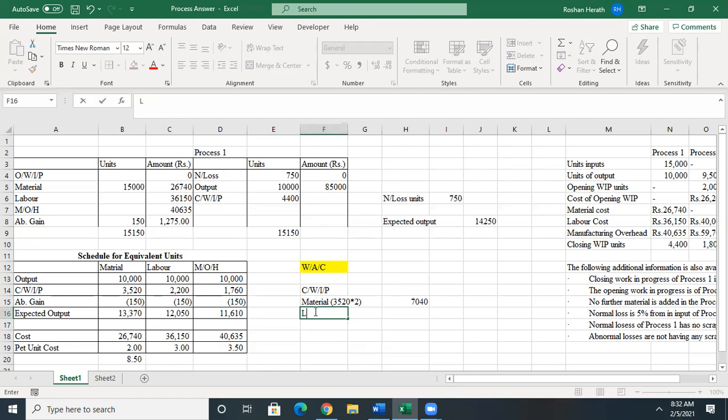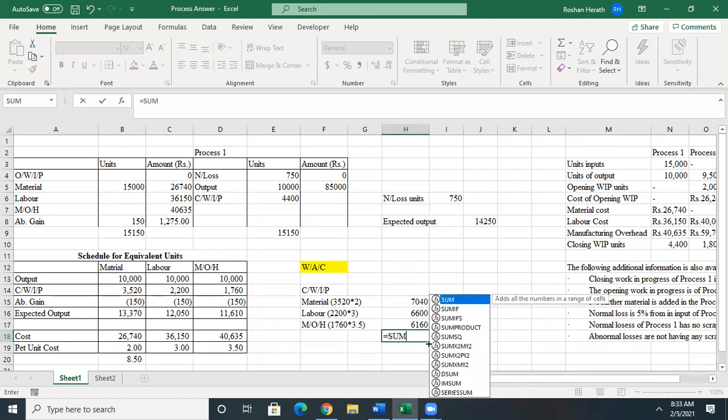Then you have labor. Completion is 2,200 and the cost is 3, so 2,200 into 3. Then you have the manufacturing overhead. It's how much? 1,760 completed and it's 3.5. That's it. That is the only tricky point you need to add here.